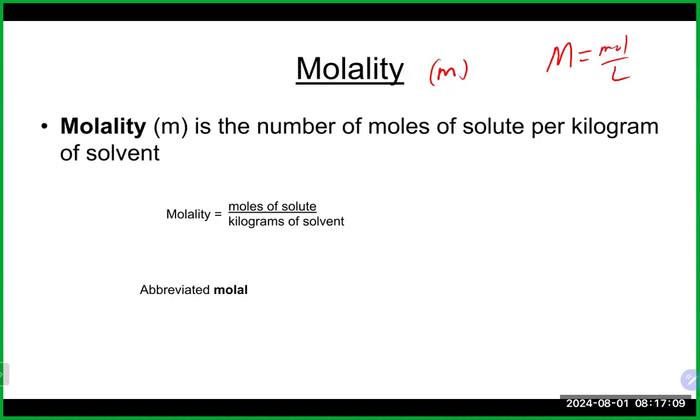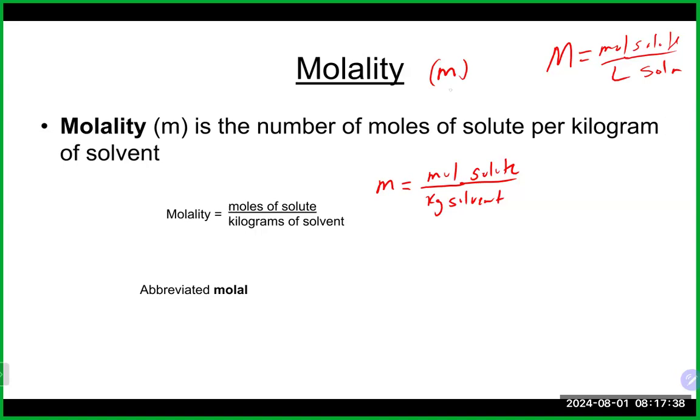So molality is moles per kilogram of solvent, just the solvent, not the solution. Molarity is moles of solute over liters of solution, and molality is moles of solute over kilograms of solvent. It is a value that is used a lot in colligative properties, which we're going to see in just a second.